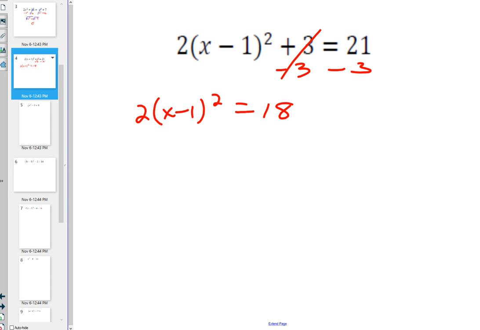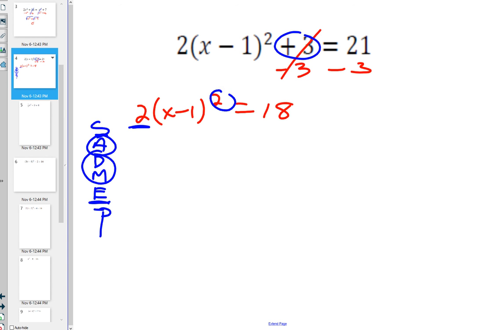If you're ever not sure, remember when you're doing operations, you do PEMDAS. But when you're canceling operations, you do SADMA. We just got rid of addition. The next thing we want to get rid of is either multiplication or division, which would be the 2.